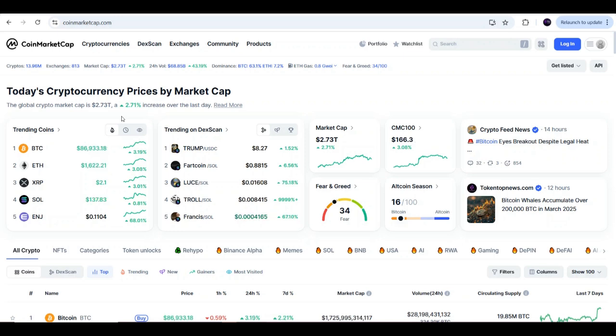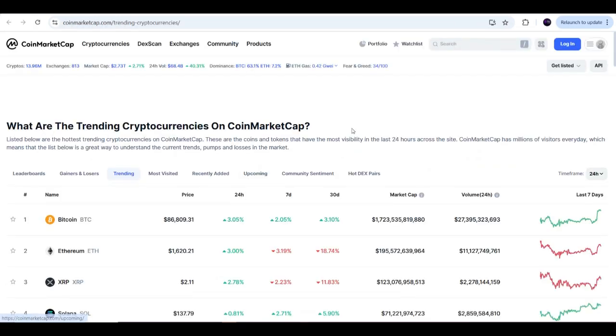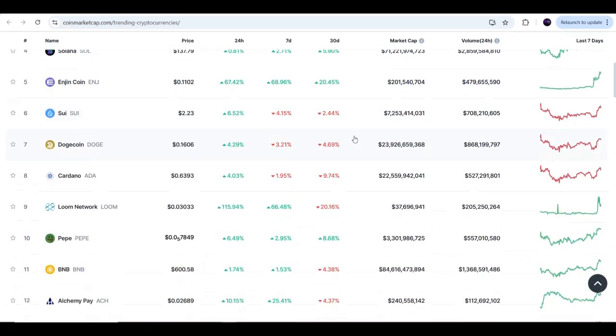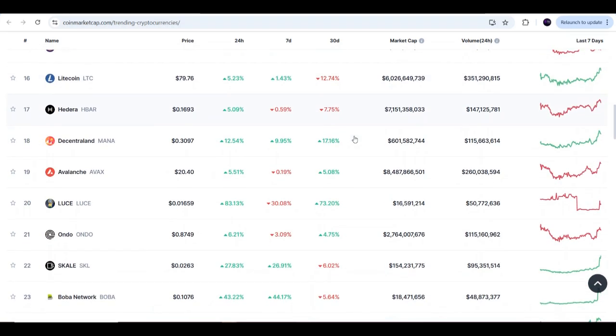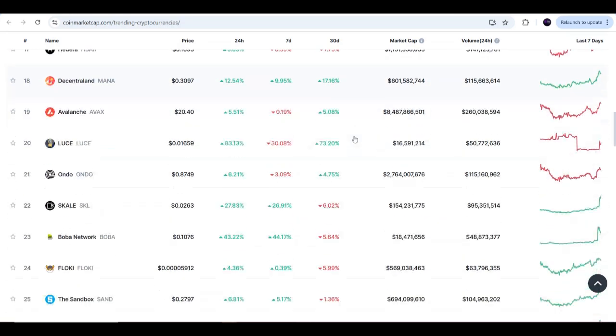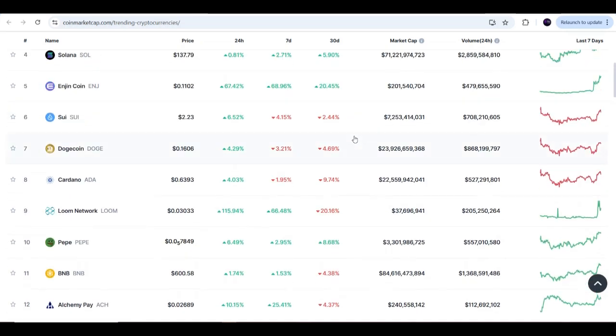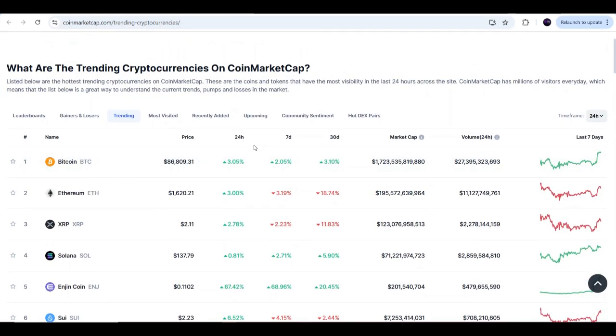Let's dive in. Okay, we're gonna enter coinmarketcap.com. Here on the homepage at the left, you see trending coins. You're gonna click on that, and it sorts all the trending coins on the market from top trending to less trending, with prices, time frames like 24 hours, 7 days, 30 days, market cap, and volume.